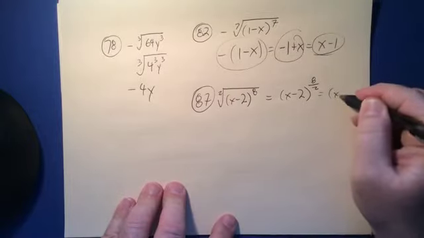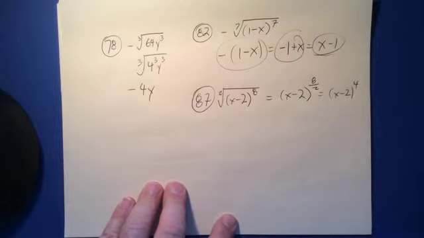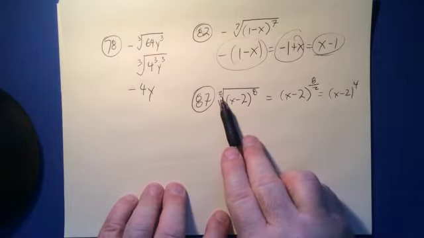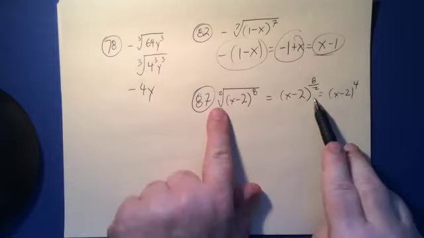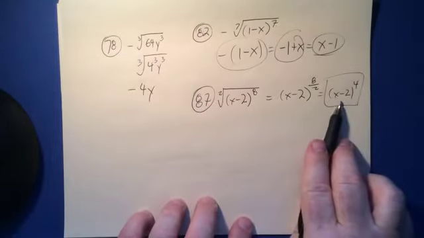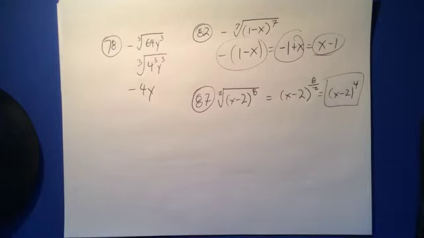And that's going to give you the quantity x minus 2, and this has to remain in parentheses, raised to the 4th. No absolute value is necessary. Knowing this is a square root, I can put a 2 here. I have an 8th exponent, so I'm going to take the 8 for the exponent divided by 2 the root and get this outcome. This particular property will be explored in greater detail in future lessons, and I'll be glad to discuss it further in class.